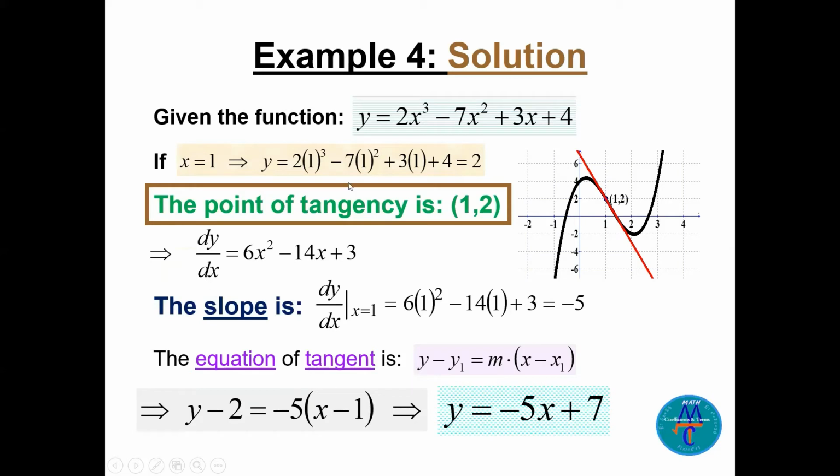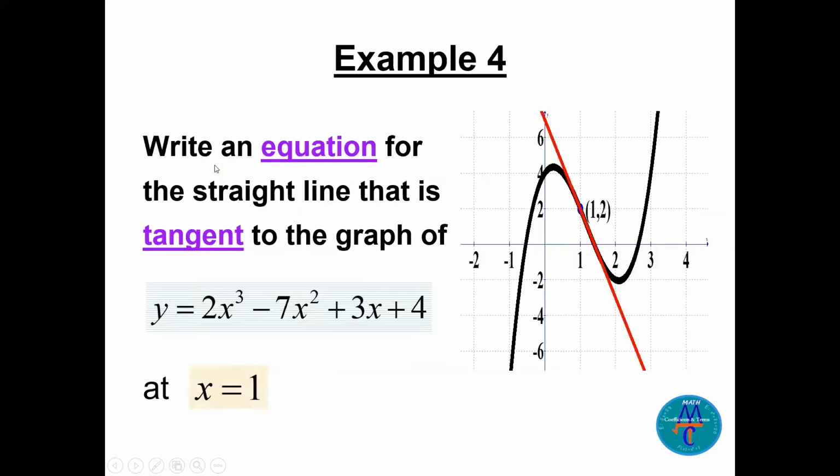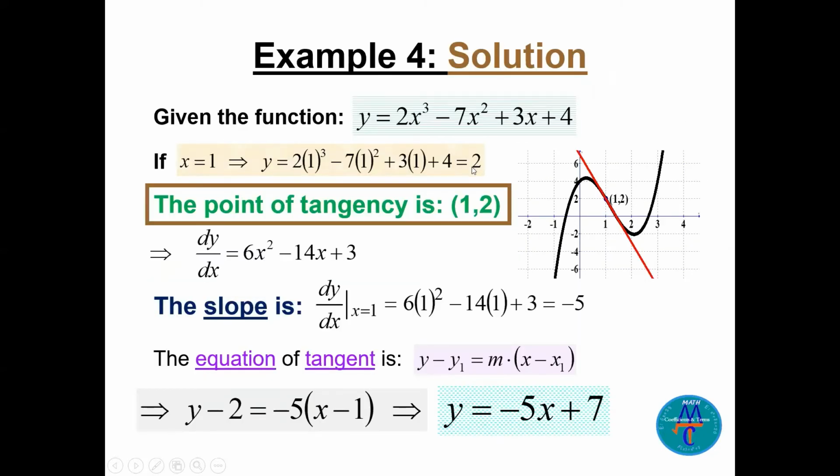So dy over dx: just find the derivative of this polynomial of degree 3. It will be 6x squared minus 14x plus 3. The derivative of 4 is 0. We have x equal to 1 given, so we can find y equal to 2. So the point of tangency is (1, 2).